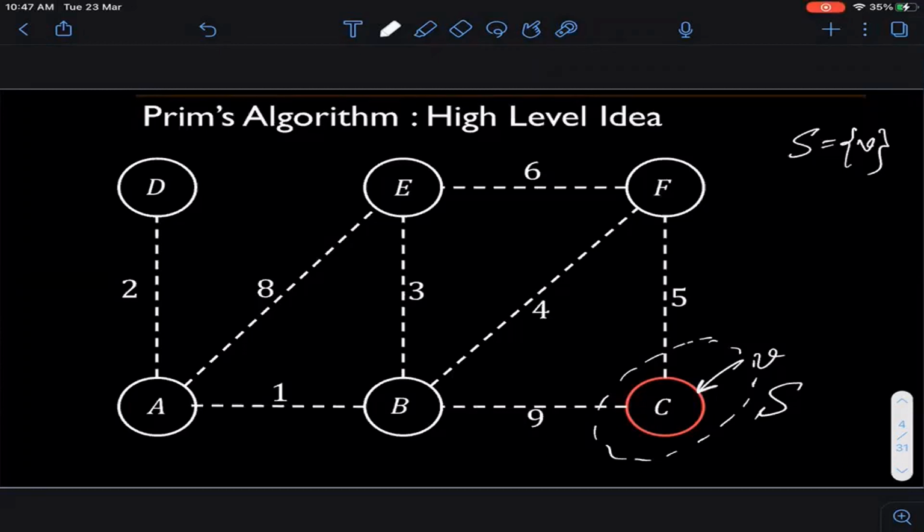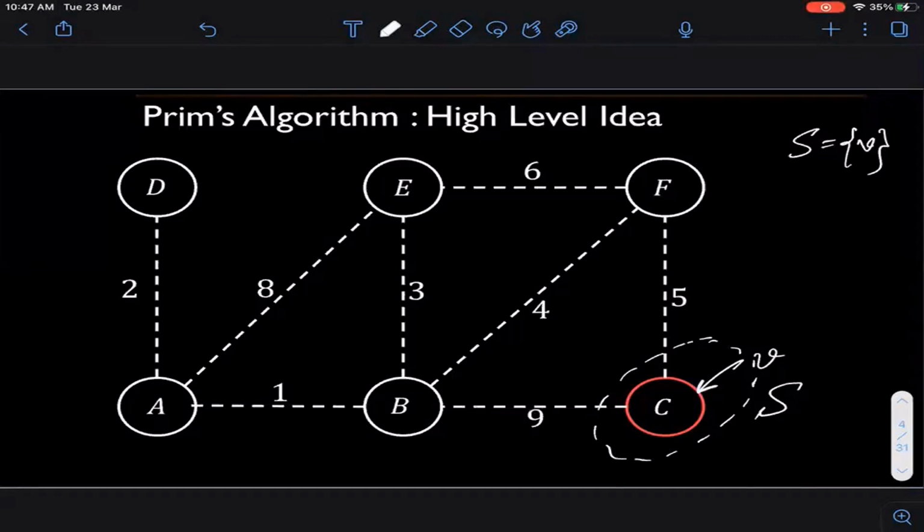That will ensure that I have included a new vertex in my set. And it also ensures that whatever I have included so far is mutually connected by the edges which I have included so far. Now the question is that there are several choices, right? So which edge do I choose in order to expand my frontier?